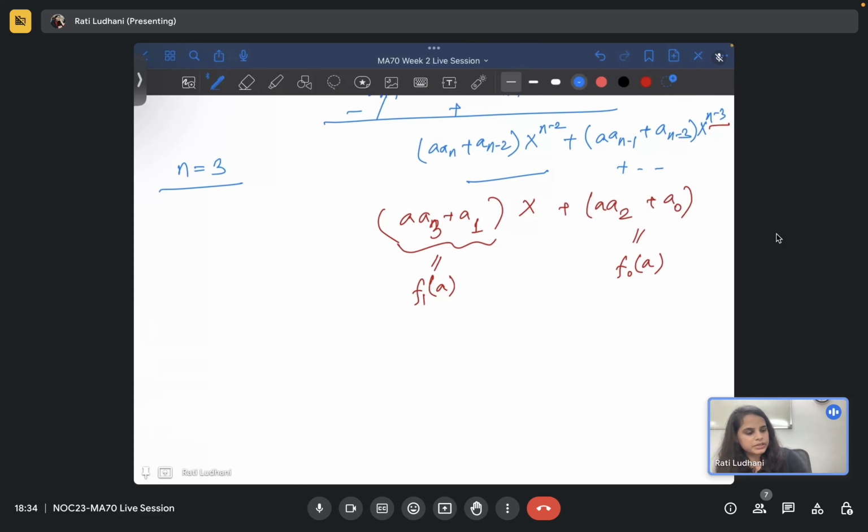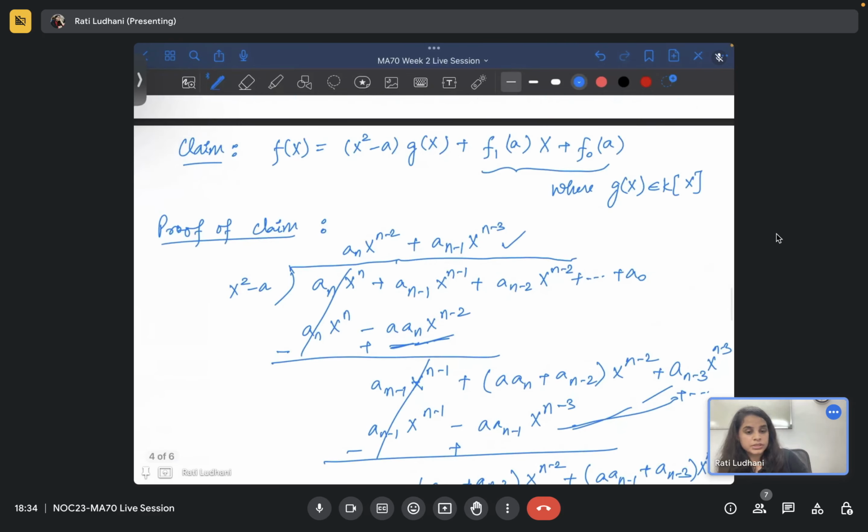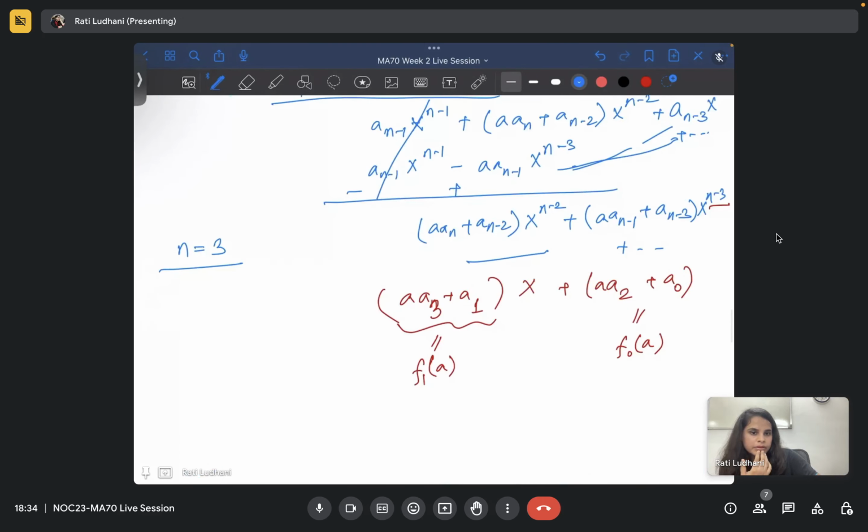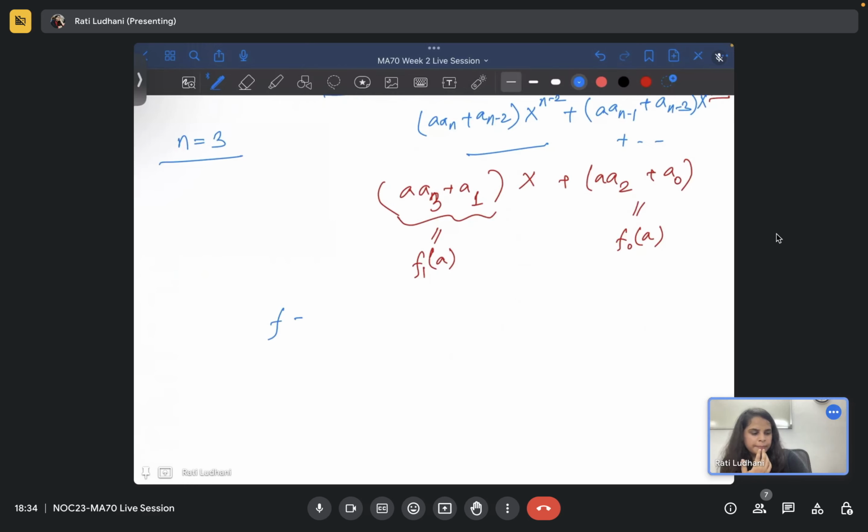So let's apply induction to prove this. Ma'am, can I take 1 minute? Yeah. Can you write it like this? f equal to f naught plus x into f1? No. As he said, so you can write this. Yes, ma'am. Yeah, like that, x square.